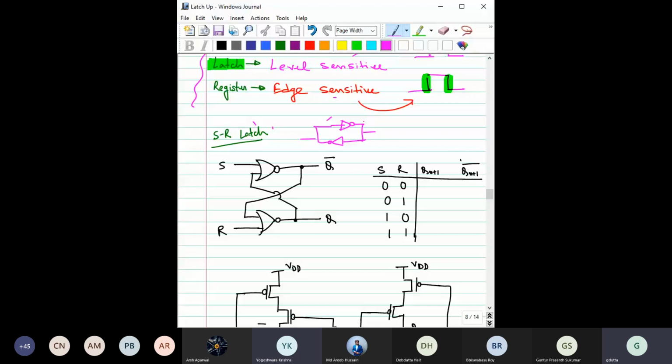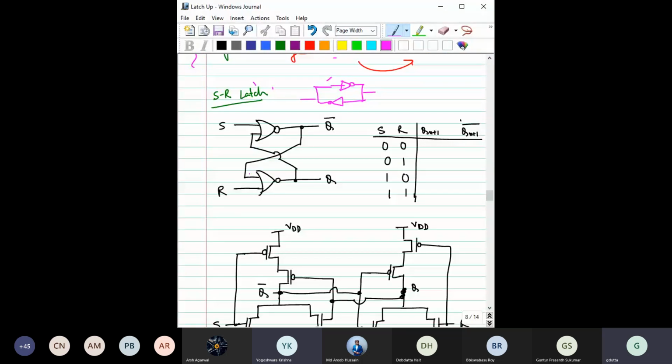Then why do we need this SR latch and all these latches? We do not have the provision for recalling the memory here, but those provisions are possible for the SR, JK and other latches.